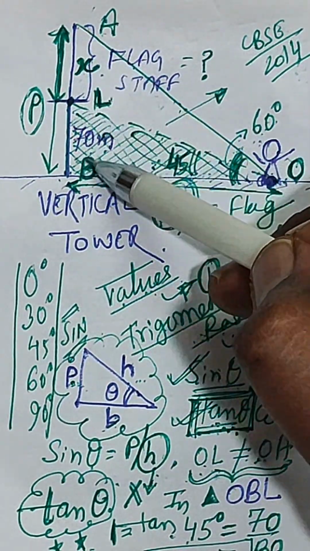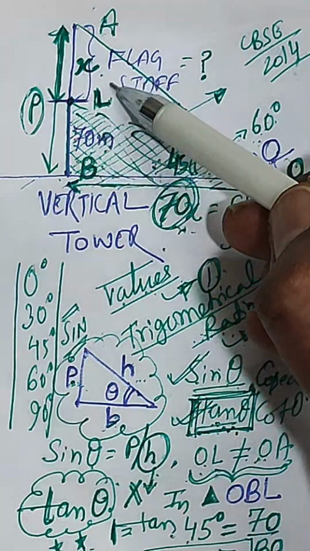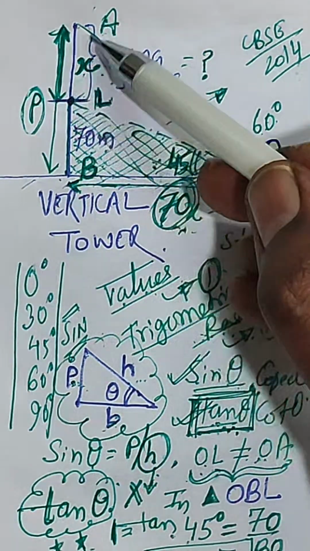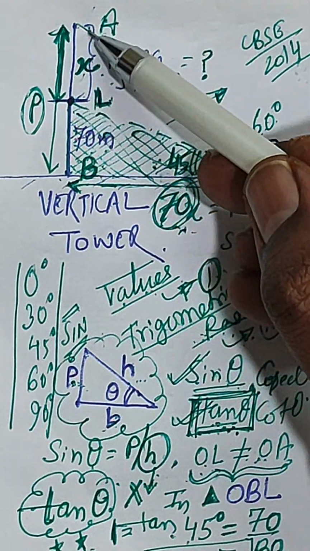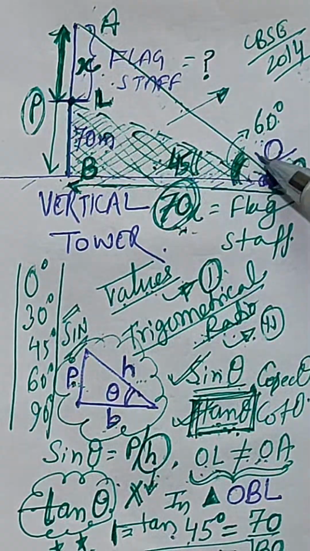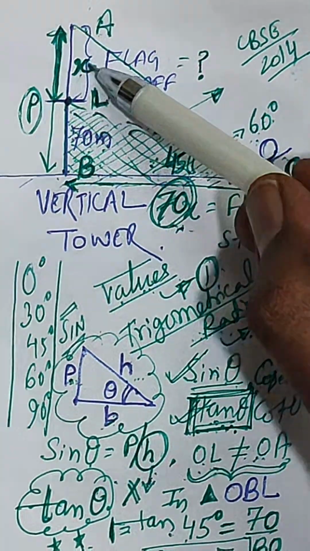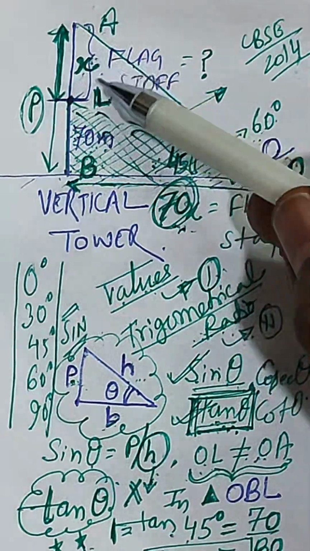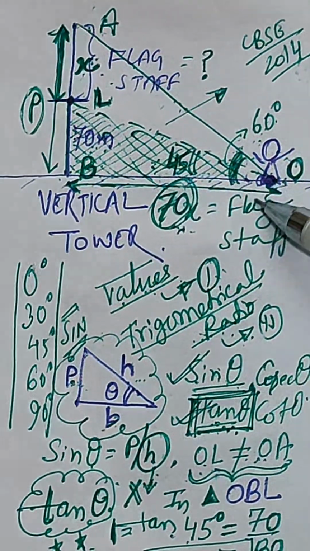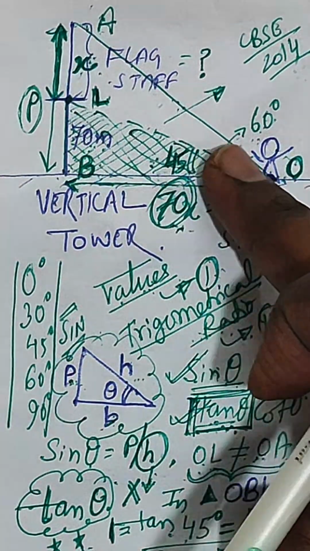X. 70 plus height of the flag staff. Height of the flag staff is X. That is on the top of the tower or section of the tower on the top. So my dear friend, you can see tan 60 degree is nothing but X plus 70 divided by this BO, that is 70, right? So I'm going to write it.